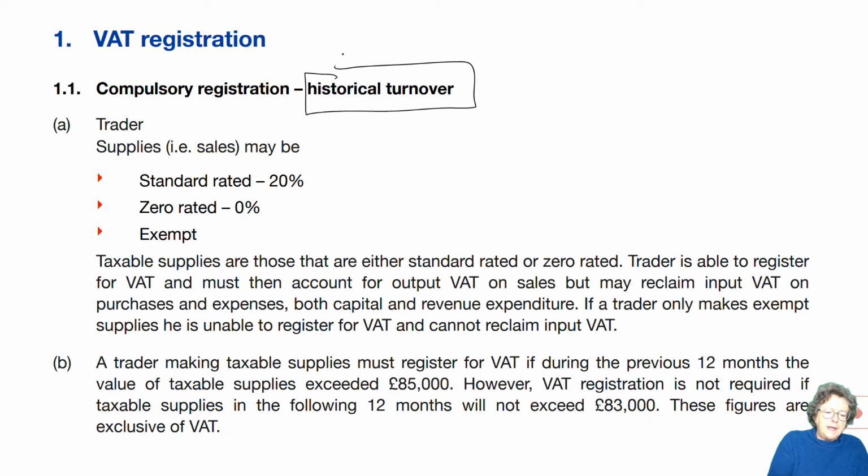And if you get to, it says down here, £85,000 of taxable supplies, then you have to register. So you have to use one of these two tests in order to work out at what point you become registered, because you'll need to notify HMRC at the time, and then from what date you need to start recording the VAT.